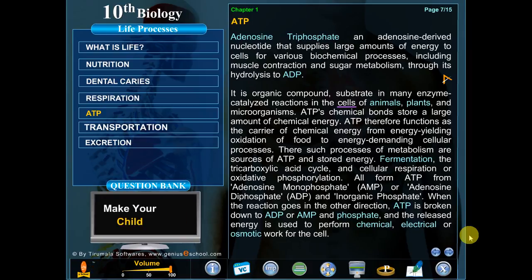When the reaction goes in the other direction, ATP is broken down to ADP or AMP and phosphate, and the released energy is used to perform chemical, electrical, or osmotic work for the cell.